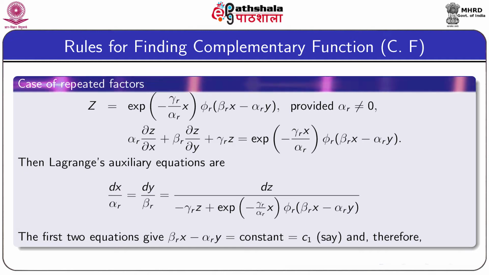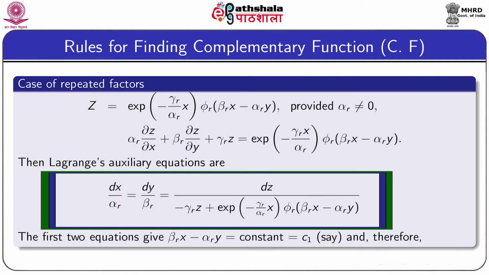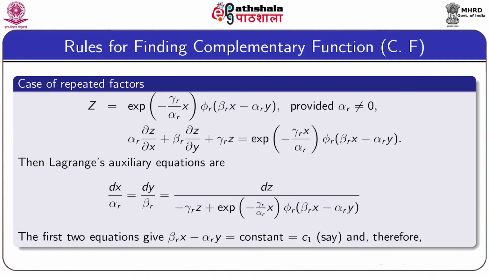Now, this is a first order partial differential equation, and we know how to find the solution of a first order differential equation. We have learned that in chapter 2. So, using that concept, the Lagrange auxiliary equation is dx by alpha r equals dy by beta r equals dz by the expression written here. Now, this simultaneous equation can be solved easily.